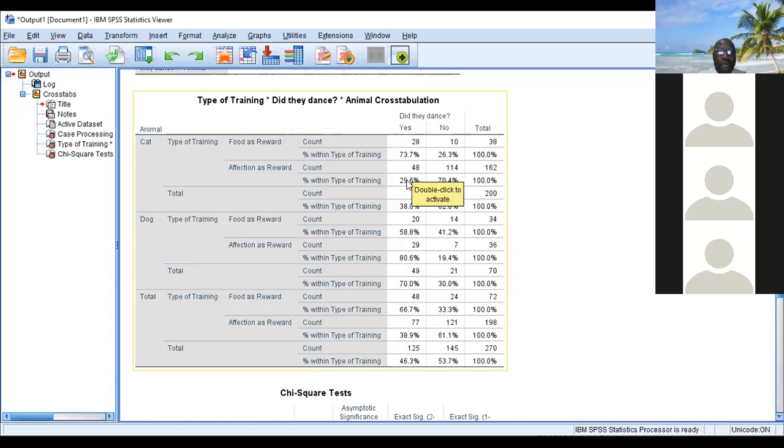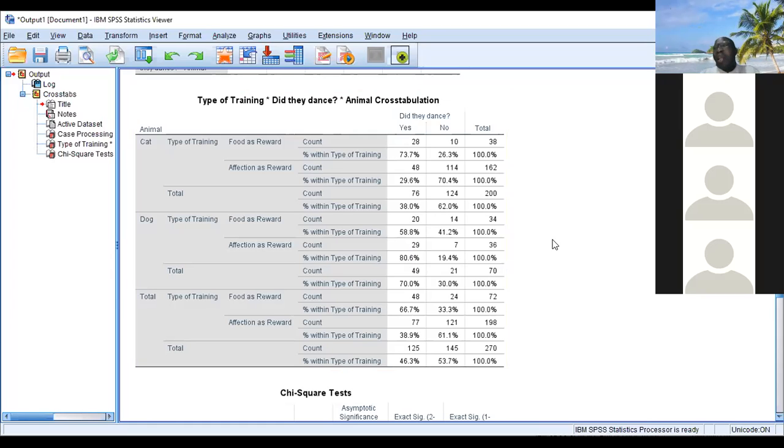But if you come to dog, food as reward is 58.8% dance, affection 80.6% dance. That gives you a clue: dog will dance more for affection and food, while cat, unless you release food, will not dance. So that is what it's telling us.